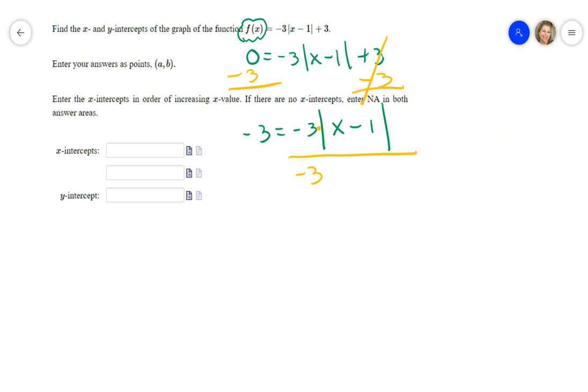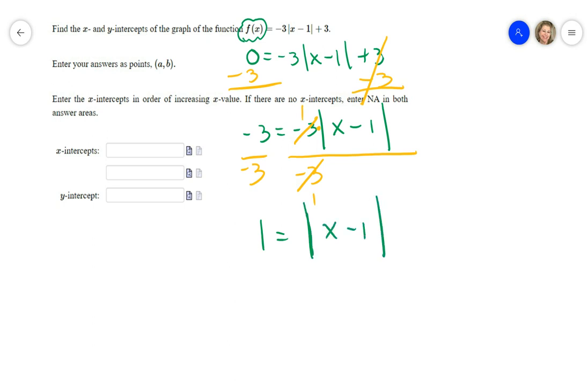Anywho, so what I do to one side, I'm going to do to the other. That cancels out. Technically, this becomes 1 over 1, which is just 1. And -3 divided by -3 is positive 1, and that's equal to the absolute value of x minus 1.